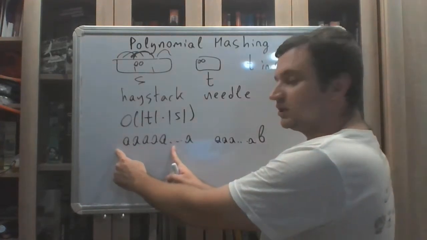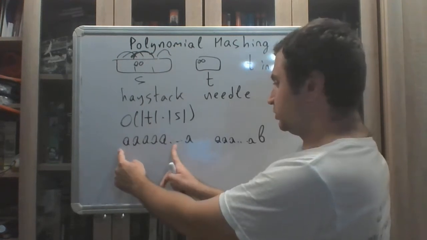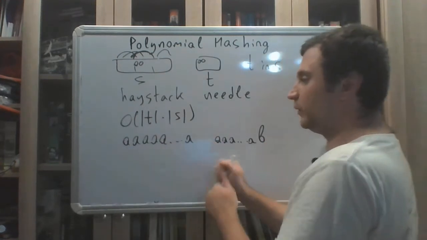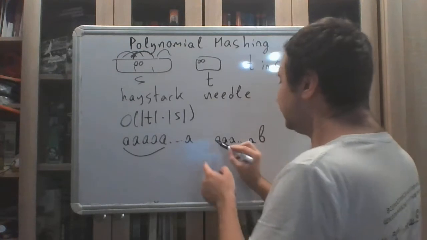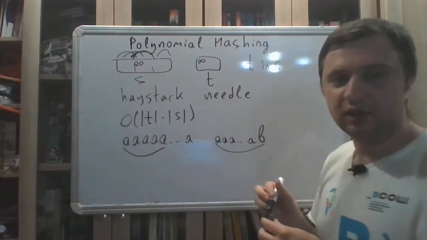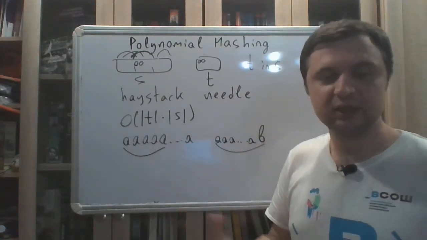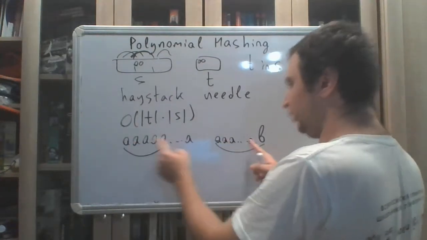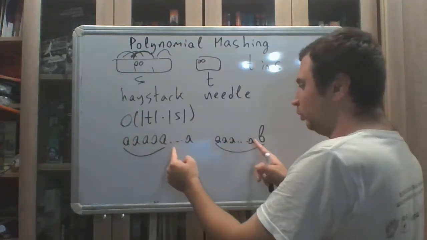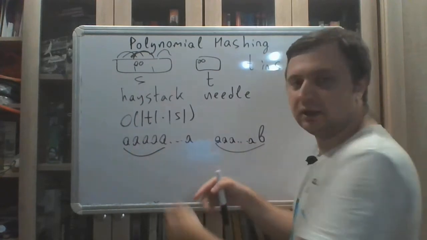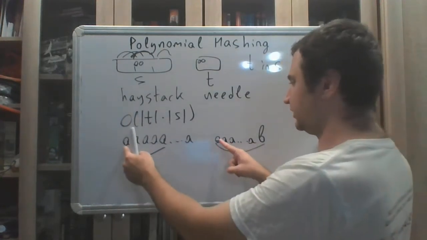So for each position in S, you will do a lot of work to check whether this position is equal to string T. If you are doing a left to right search, you are taking all but one letters and continuing the process because you see that the letters are equal.